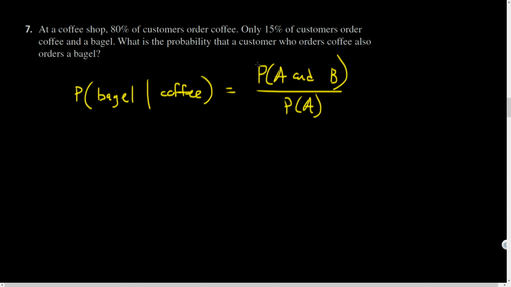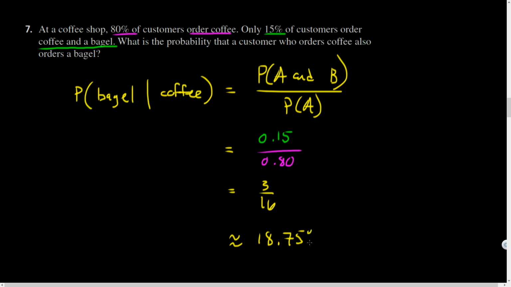The probability of both, notice the word and, was our 15% there. I'll write it over here so my equal sign lines up nicely. And the probability of just coffee was 80%, so 0.80. If you divide that out, you get 3/16, which is approximately 18.75%.